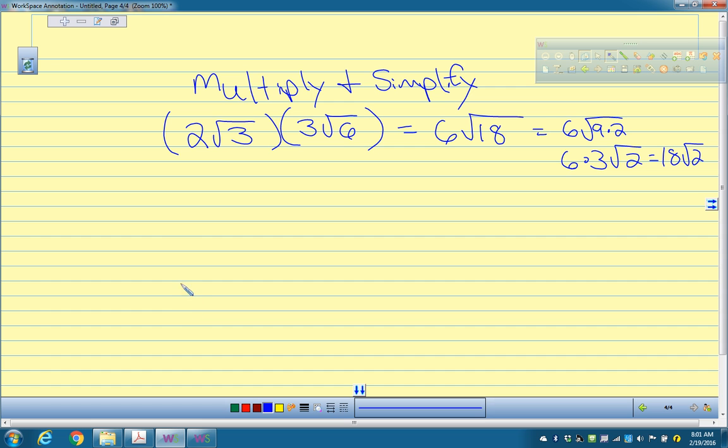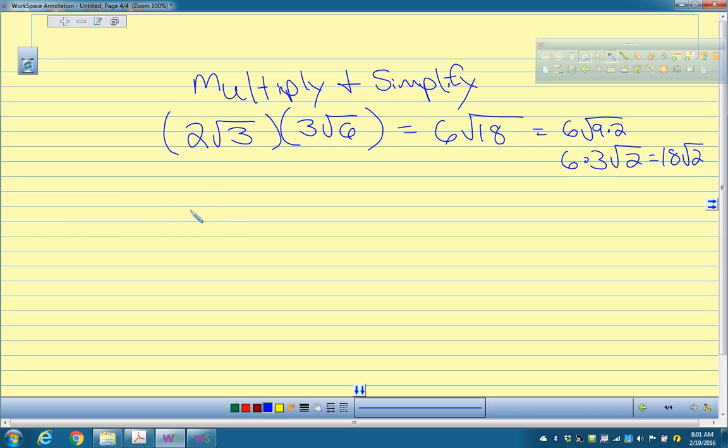Get what I just did? You'll see that a lot. So I multiply the numbers together, I get this expression, and then I simplify the square root of 18 to 3 root 2, and then I multiply 6 times 3 root 2, which gives me 18 root 2. Now I'm going to introduce one with variables, and then we'll be kind of done.